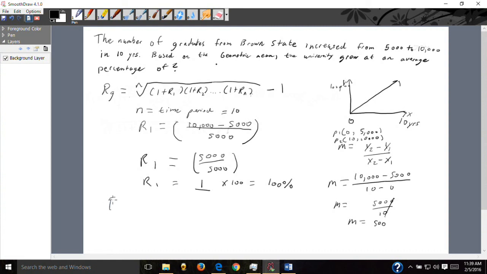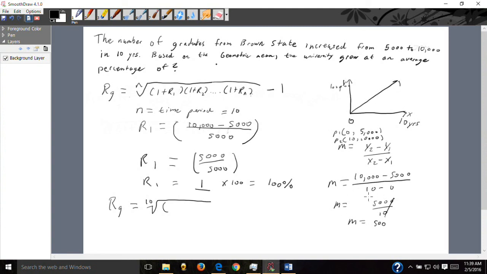So R sub g is equal to, what is my time period? It's going to be 10. So that's my time period, the 10th root. Remember, each of these represents a different rate, but we only have one rate that we're talking about.